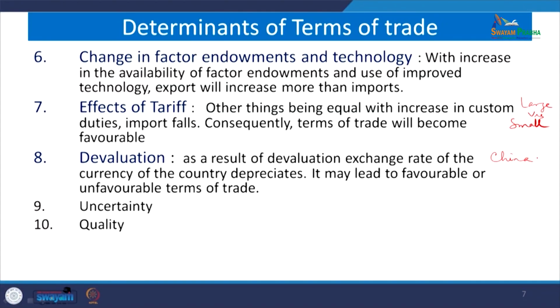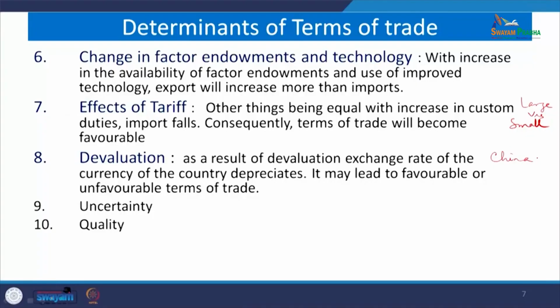Though it is very difficult to discuss, in the present market context, trade is usually taking place mostly in differentiated products, where the products are qualitatively different. If your products are attached with better quality, then it is favorable to the terms of trade.